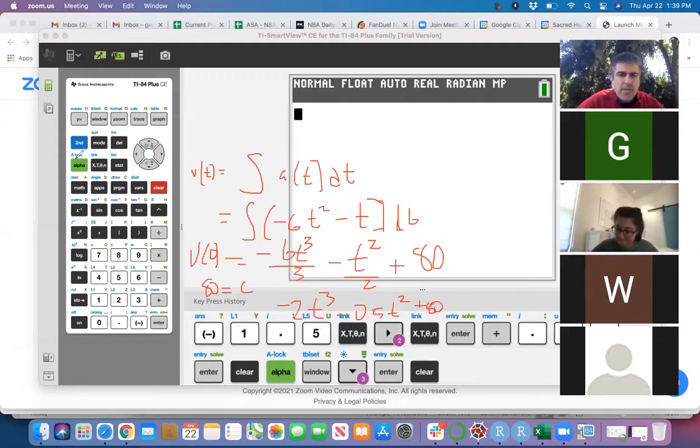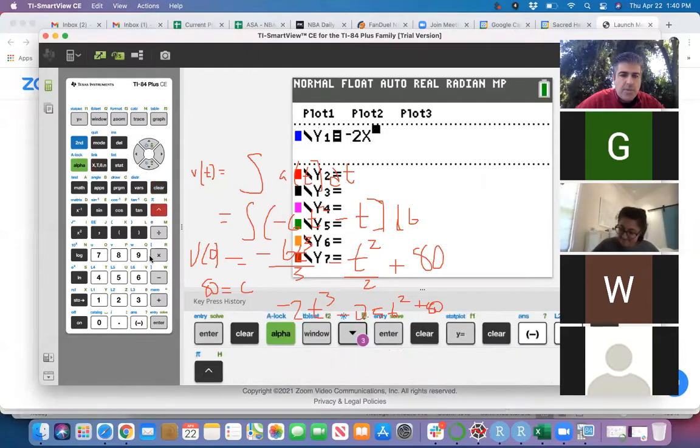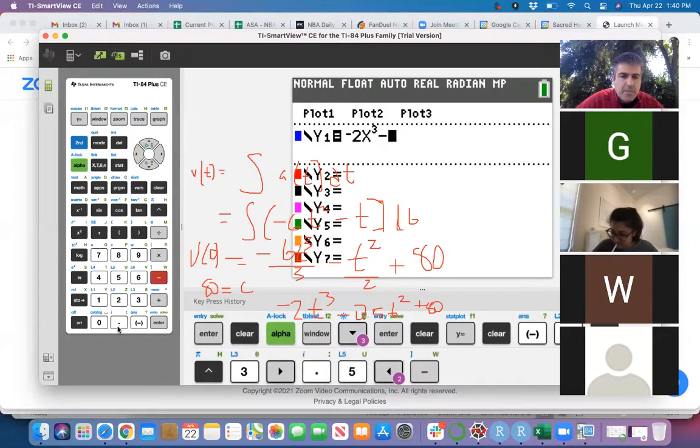Obviously at 0, you're at 80. So actually, I'm going to have to graph this. So I'm going to do negative 2x cubed. This is a little more involved. Minus 0.5 x squared plus 80.